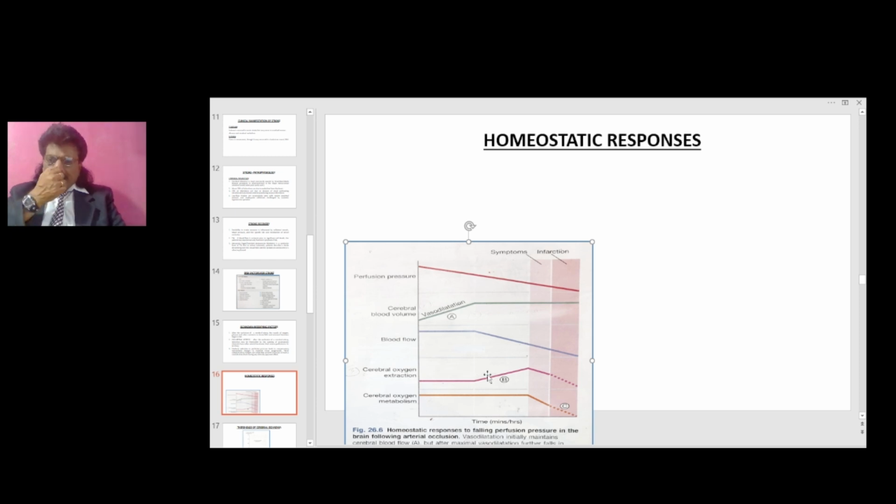Vasodilatation maintains the cerebral blood flow, but after maximal dilation there is a further fall. Then cerebral oxygen extraction also starts increasing, but after some time it also falls. Cerebral oxygen metabolism tries to maintain, but after that it also starts falling. So these are the homeostatic responses.